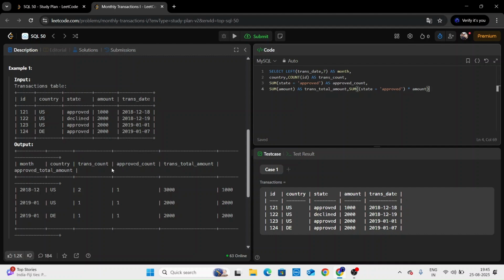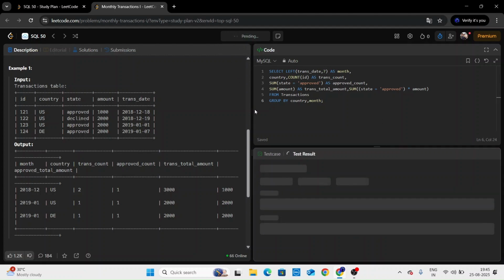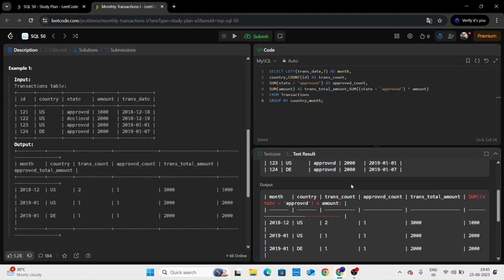Okay, we will get it from our transaction table. We still need to group it based on country and what else? Month. Okay. Everything is right, so it will run. Let's try to run this code. Okay, the answer is wrong.